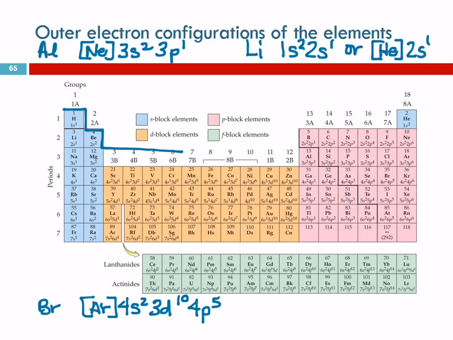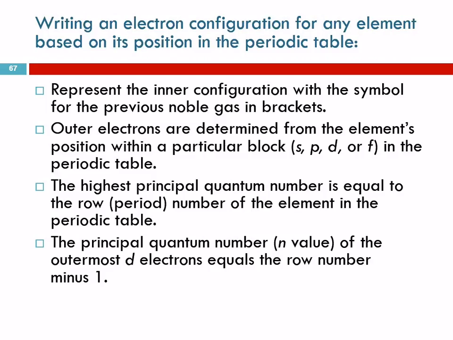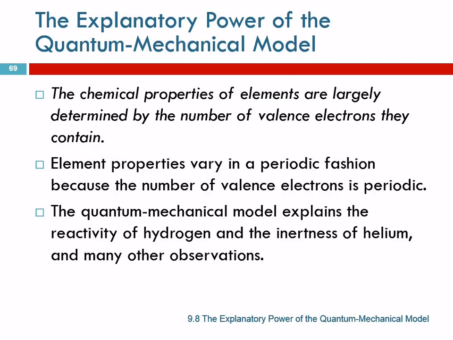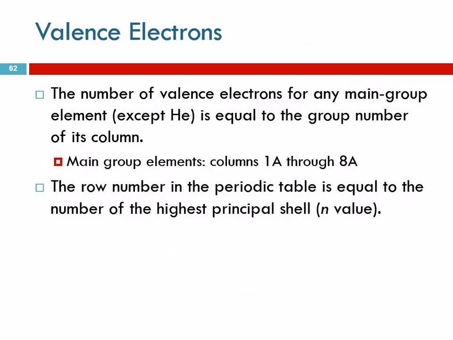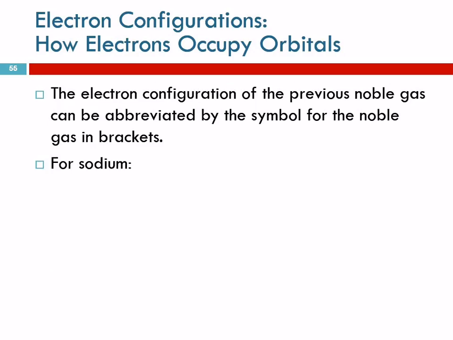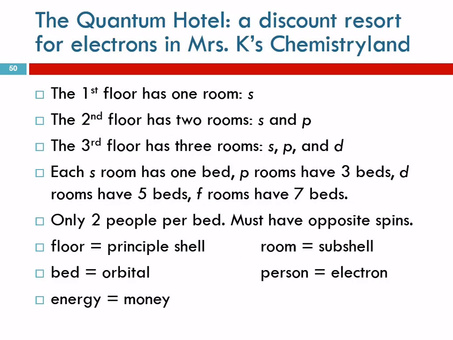Any question? Yeah, why don't you include the d-block elements? Why don't I include the d-block elements for aluminum? That's a good question. So 3s and 3p are lower in energy than 3d. Do I have this in here? I'm looking for, what am I looking for? Sorry if I'm making you dizzy. Oops, there it is.